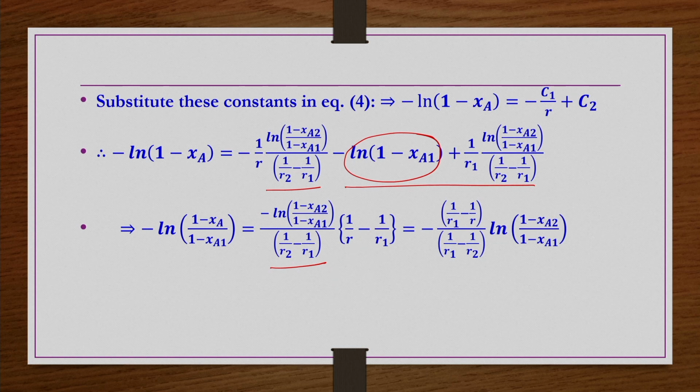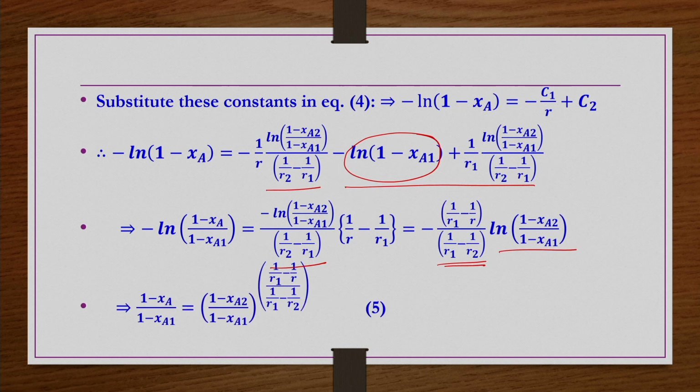In the numerator I write 1 by R1 minus 1 by R2, and here also I write 1 by R1 minus 1 by R, so that the remaining term is as it is. So, the concentration profile is the expression given by equation number 5.